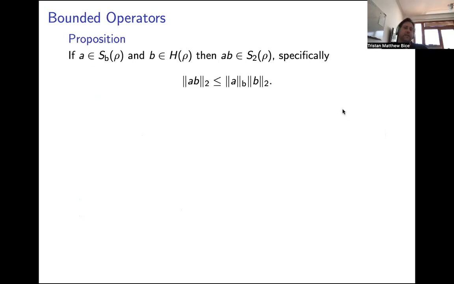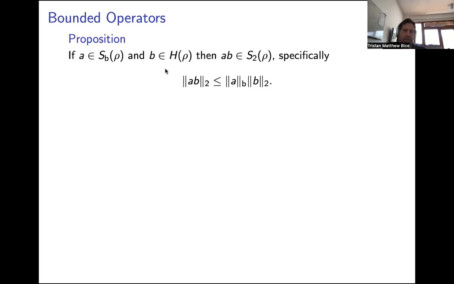So let's now look at these elements with finite B norm, and let's look at them as if they're operators on H of rho. It's not immediately clear that we can really do this, but it turns out yes: as long as B is within H of rho, then AB is defined.